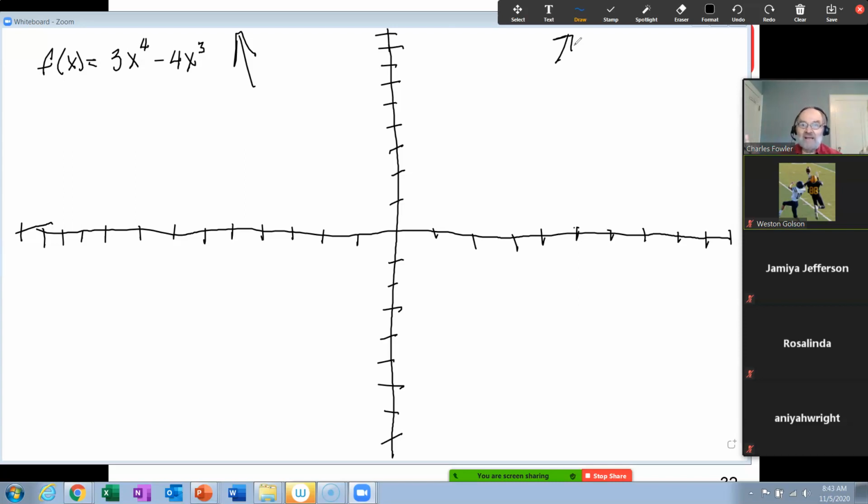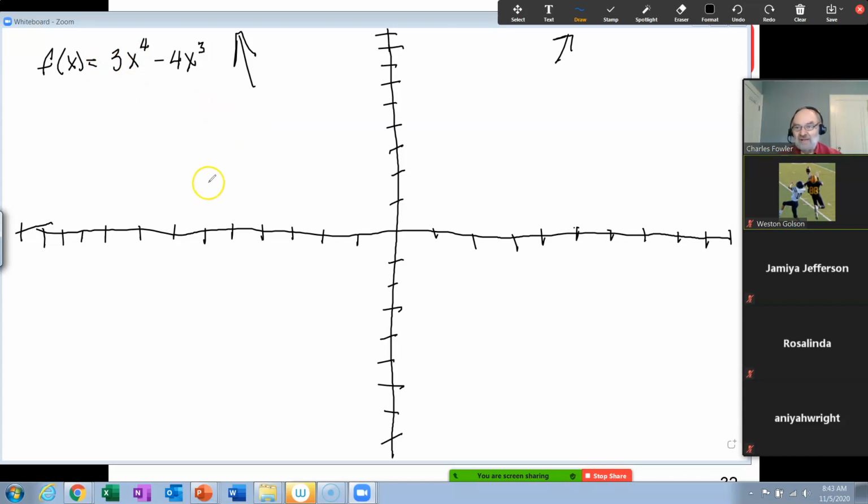So that gives us our end behavior, based on the leading term and what the power of the exponent is. That happens to be even, so they're both going in the same direction, and with a positive coefficient here, they've both got to be going positive.